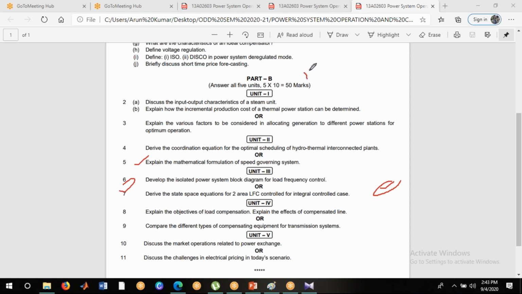Suppose it has a five-link mechanism: A, B, C, D. The speed changer is connected to point A, and we control point A by using the speed changer.